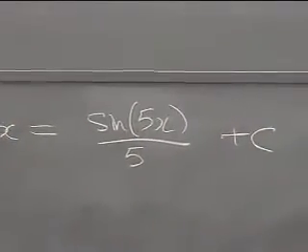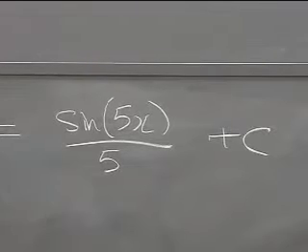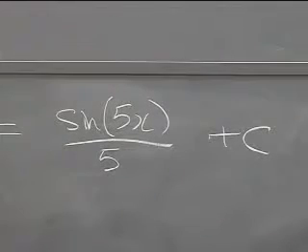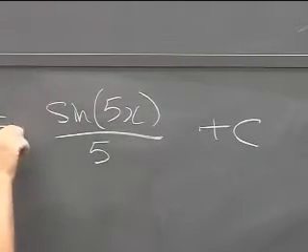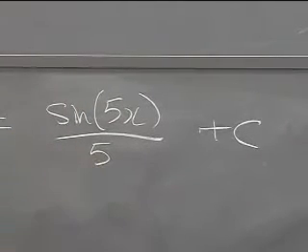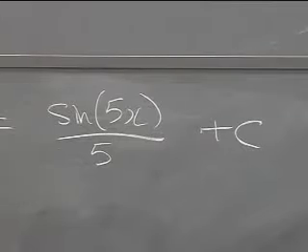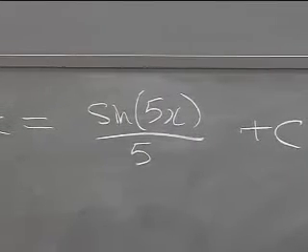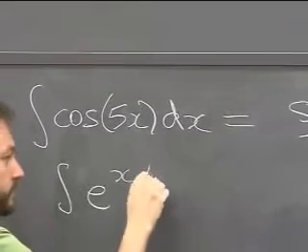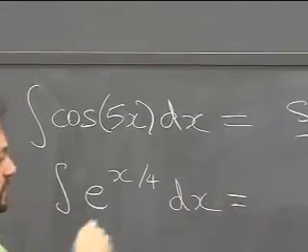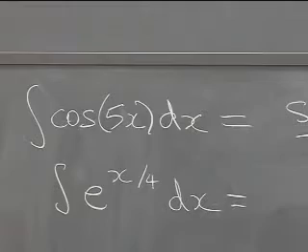So if you've got a constant in there, if you replace all instances of x by a constant multiple, you divide by that constant. Because when you differentiate this, the 5 comes out as a multiple, which would cancel out that 5. Okay? Similarly, if you had to integrate e to the x over 4. Well, x has been replaced by x over 4.